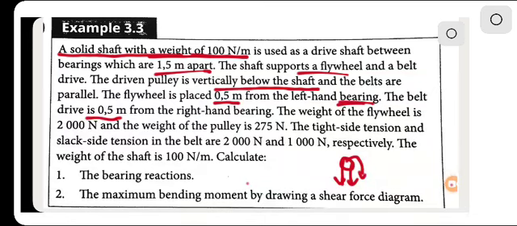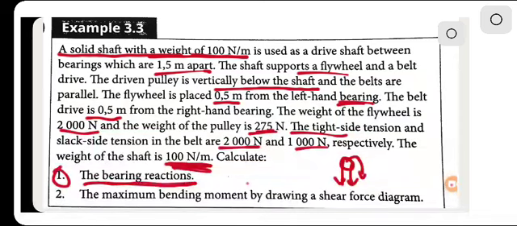The weight of the flywheel is 2000 newtons, and the weight of the pulley is 275 newtons. The tight side tension and slack side tension of the belts are 2000 newtons and 1000 newtons respectively. The weight of the shaft is 100 newtons per meter, uniformly distributed. Number 1, determine the bearing reactions.